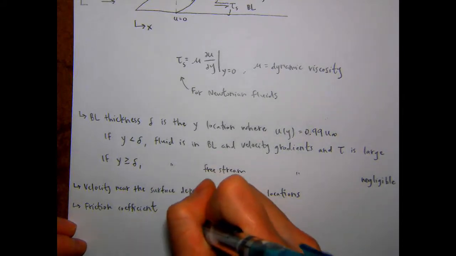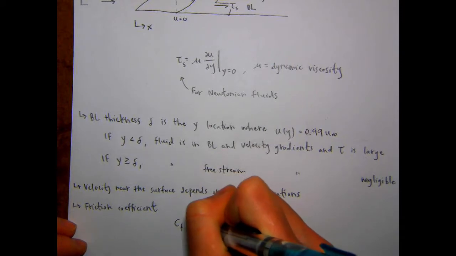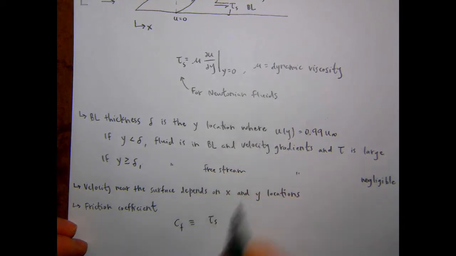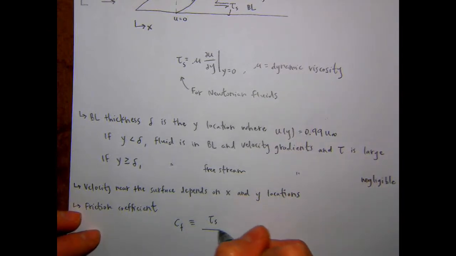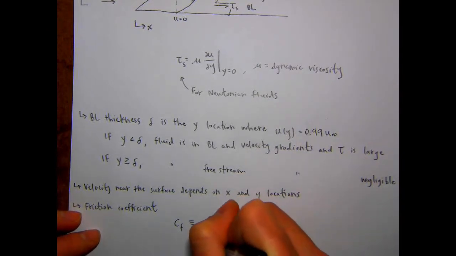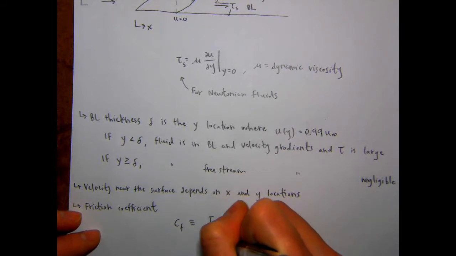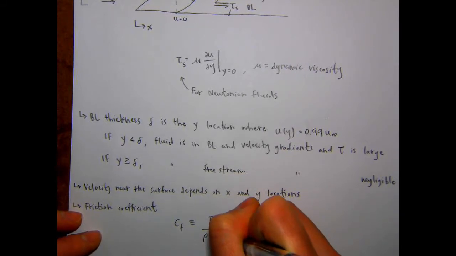And so the friction coefficient depends on the shear stress, which depends on the boundary layer. And that's defined as tau sub s over rho u infinity squared over 2.